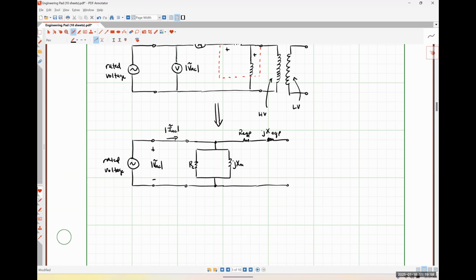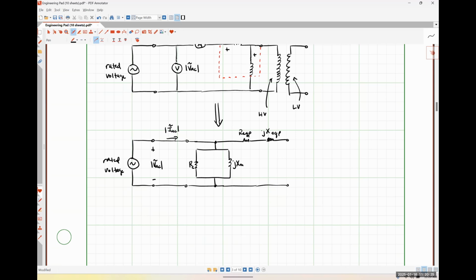How much current is going to flow through REQP and jXEQP in this system? Exactly right. So the reason why we leave the secondary or the low voltage windings of our transformer open is to make sure that none of our current will flow through those series components. Everything is through the shunt or the parallel things.